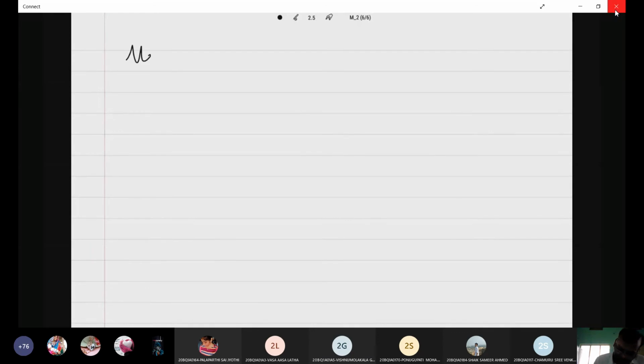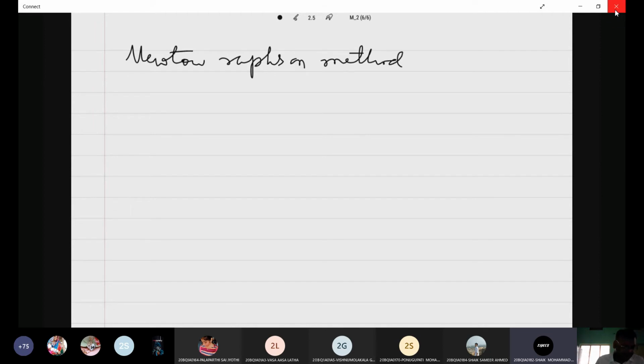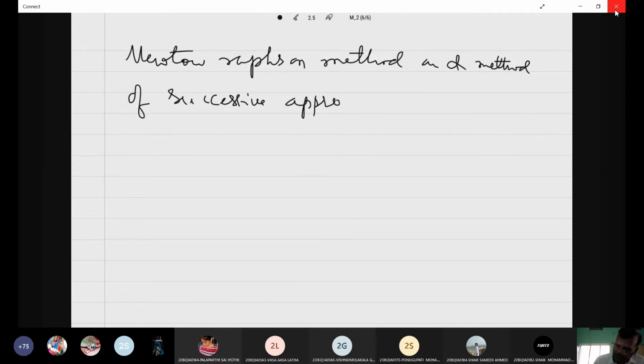Newton-Raphson method and method of successive approximations are most commonly used, are the examples of open methods.